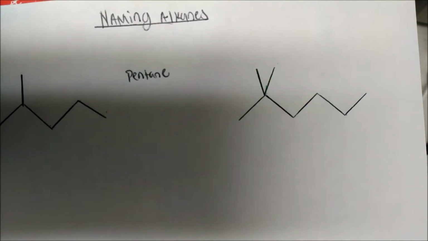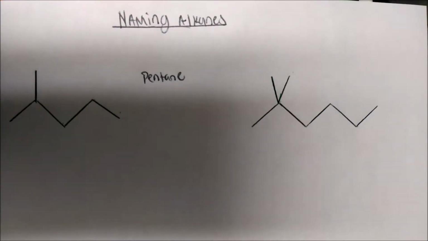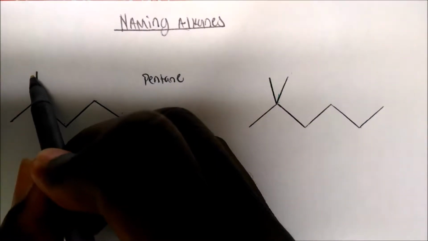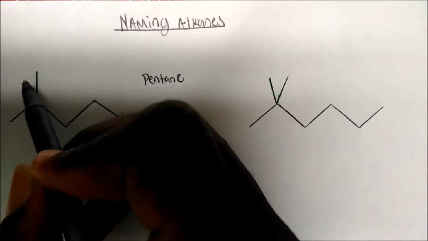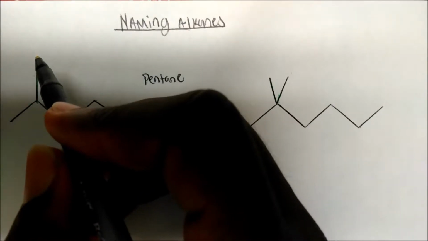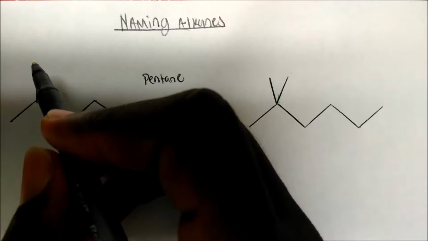The second thing you want to do now is identify substituents. Substituents are basically anything that is branched off the parent chain. And right here, there's actually a CH3 that is branched off. So as substituents, we use the suffix basically YL.